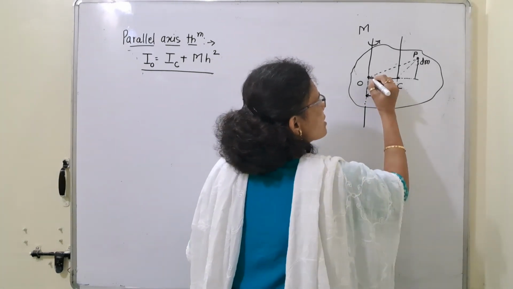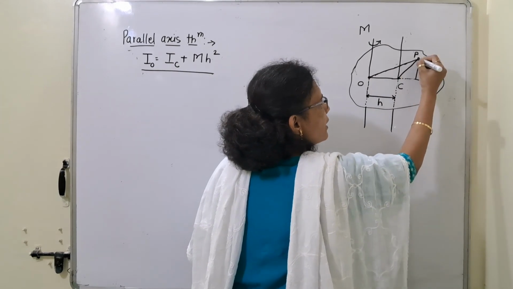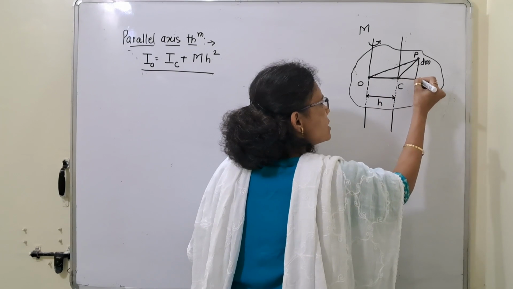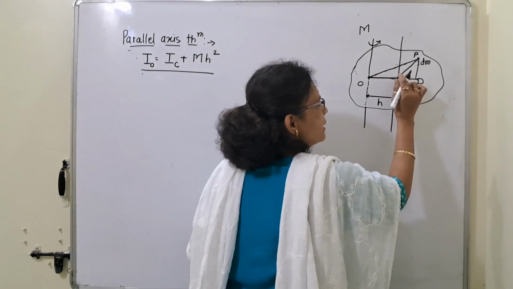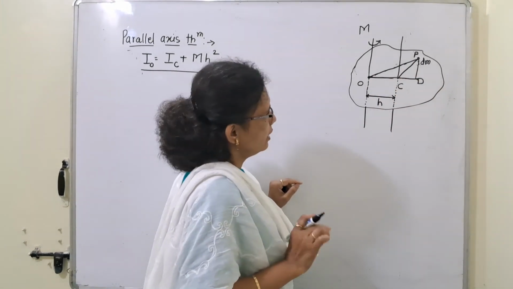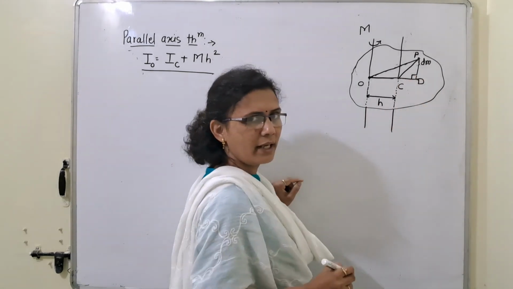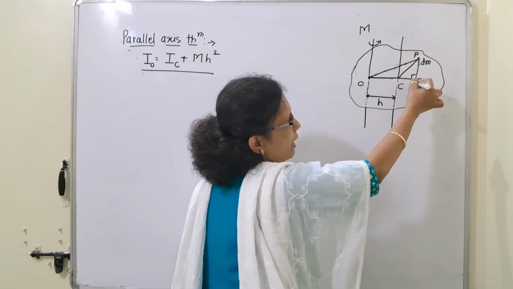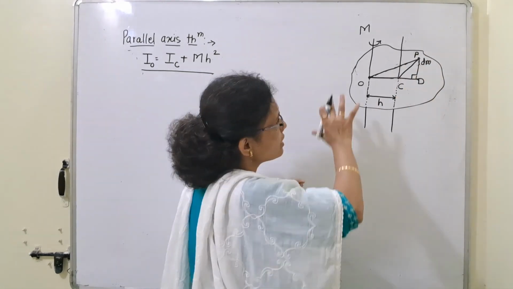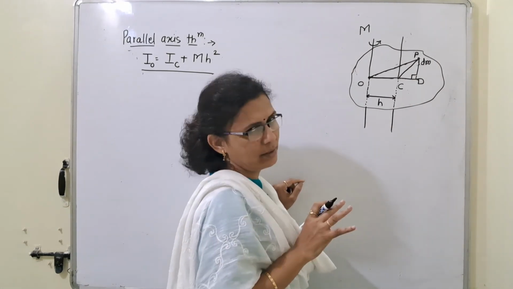We have to join this OP, we have to join this CP, and also we have to extend this OC up to point D. Now this will be a 90-degree angle because I have made the perpendicular PD up to this point D. So this is the construction, or this is the required diagram for the derivation.